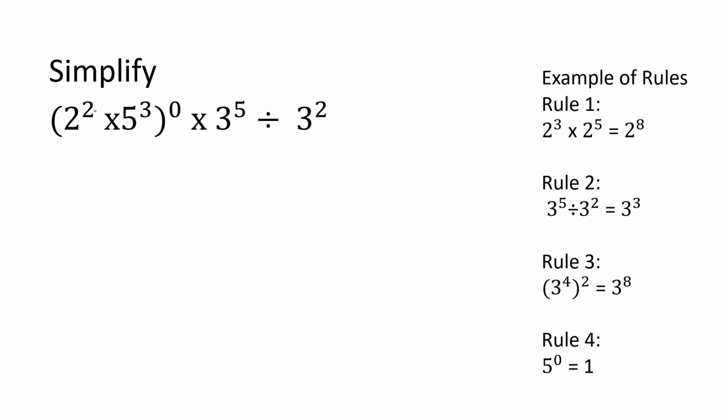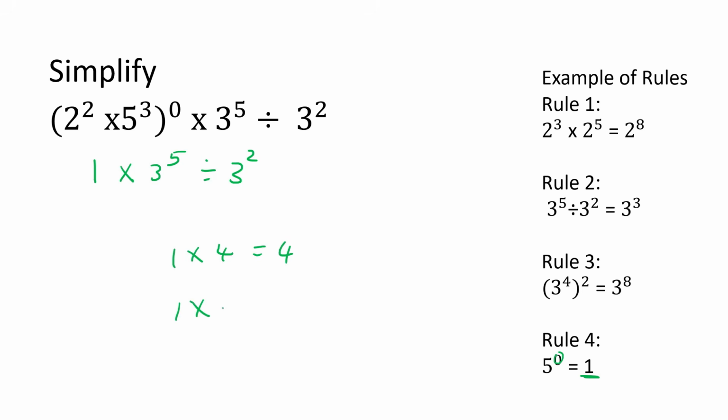Immediately I look at this and I see that it's to the power of 0. And from rule number 4, we know that anything to the power of 0 is 1. That simplifies things nicely for us. Now, you can just ignore this 1, because if you say 1 times 4, it's 4.